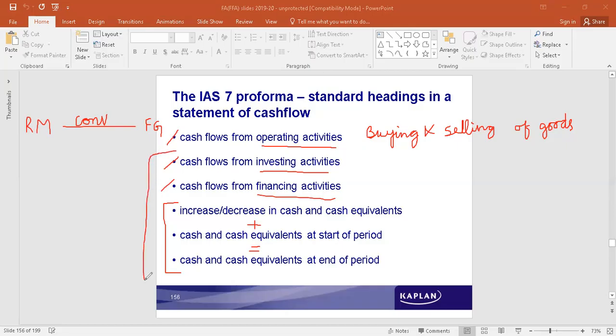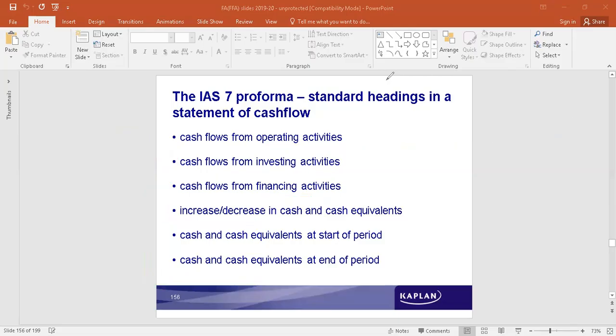The difference is only with respect to how the cash flow from operating activities is prepared under the direct method and under the indirect method. So there are two methods to prepare the statement of cash flow.